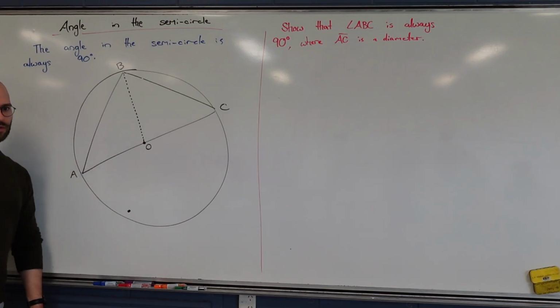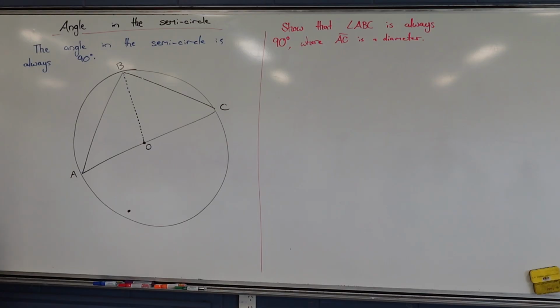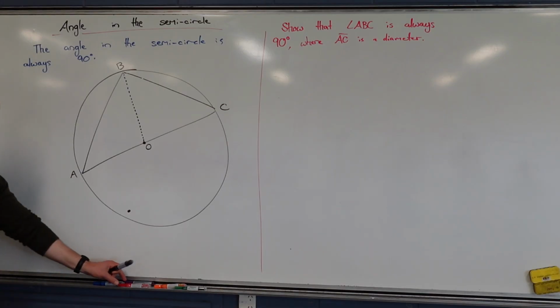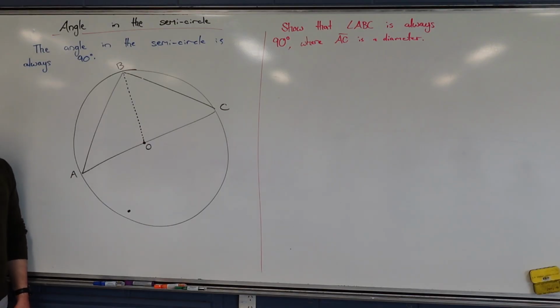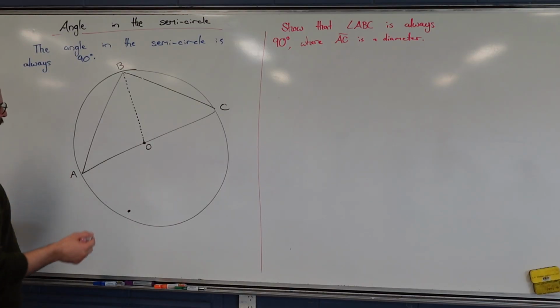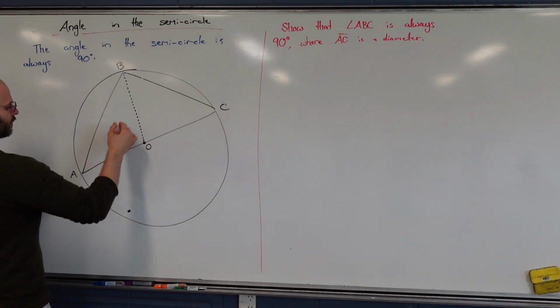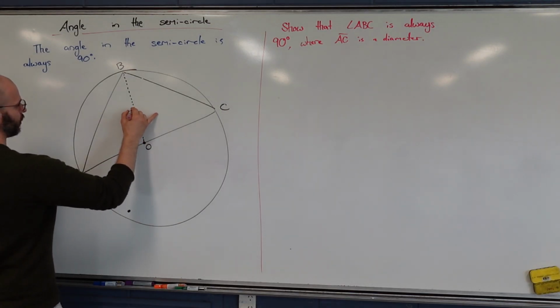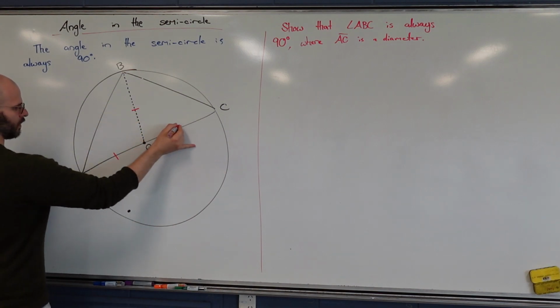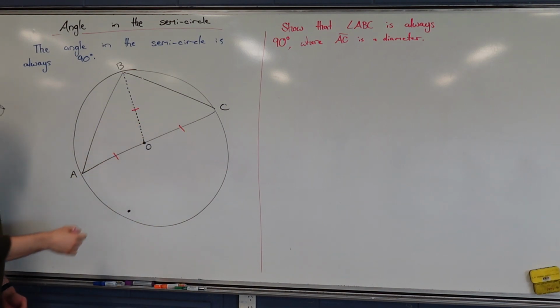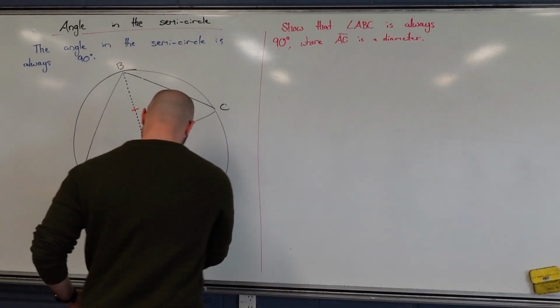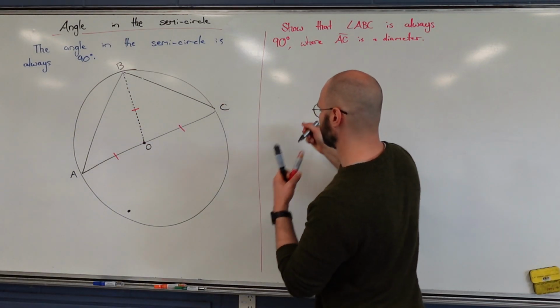Now, what sort of triangles are these smaller ones and why? Is it isosceles triangle? Yes, you're right. These are isosceles because these 3 sides are what? The radii.